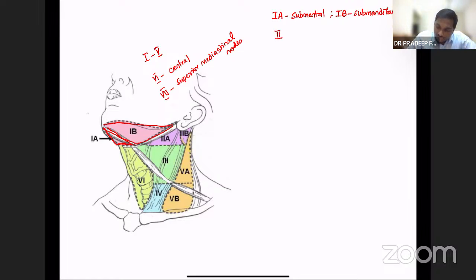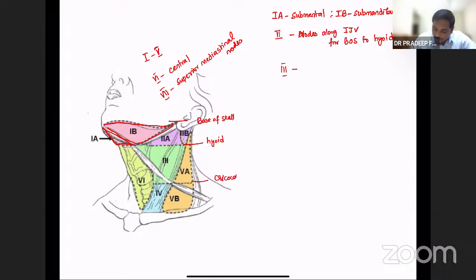Level 2 is from the base of skull to the level of hyoid, an imaginary line, the nodes along the IJV. Level 3 is from hyoid to cricoid cartilage, nodes along the IJV.